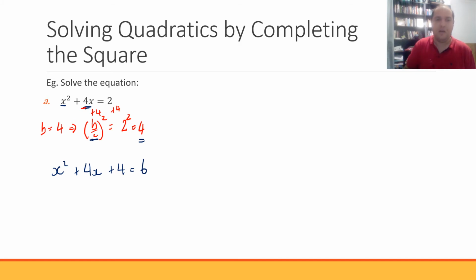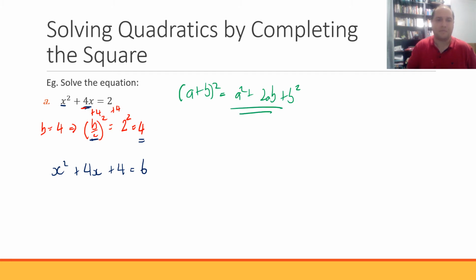All right, that's our second step done. Our next step is to factorize according to our perfect square rule. Now our perfect square rule was if you have a plus b squared, that equals a squared plus 2ab plus b squared.